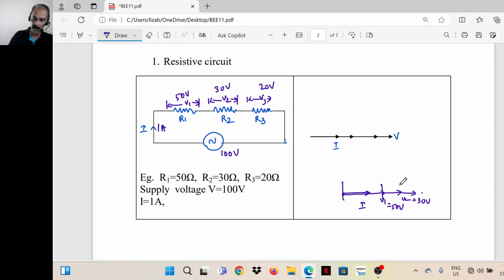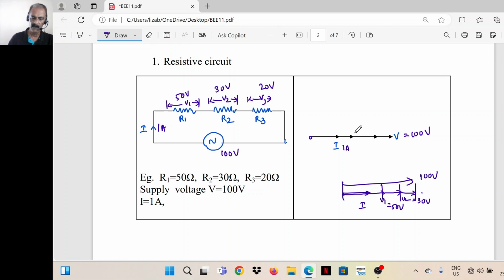So V1 plus V2 plus V3 is the total voltage V, which is equal to 100 volts. So V is 100 volt, I is 1 ampere, and all the voltage drops are in phase with V, and the total voltage is also in phase with I. So all the voltage drops are in phase with the circuit current. So this is a resistive circuit.